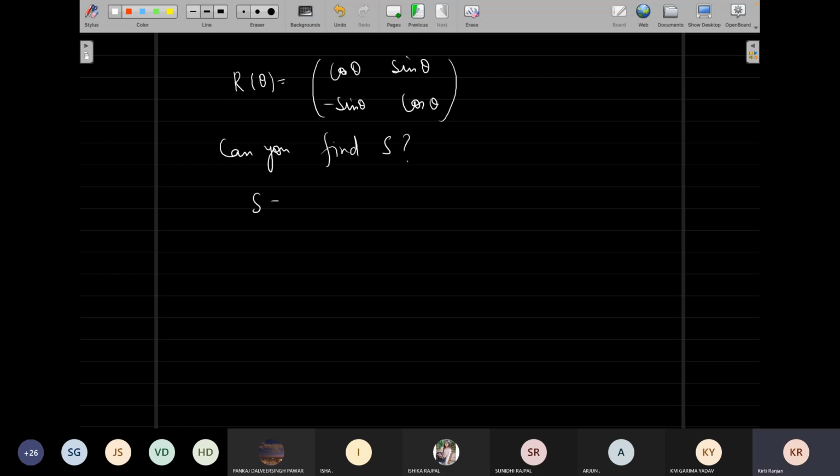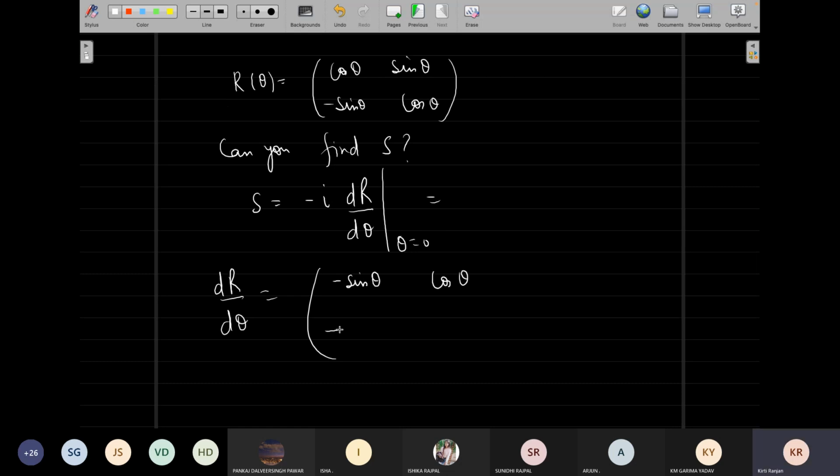So what is the relation? S is equal to minus i dR over d theta at theta equal to 0. So can you do that? What will be dR by d theta? First element: minus sine theta, cos theta, minus cos theta, minus sine theta. At theta equal to 0, what will happen?